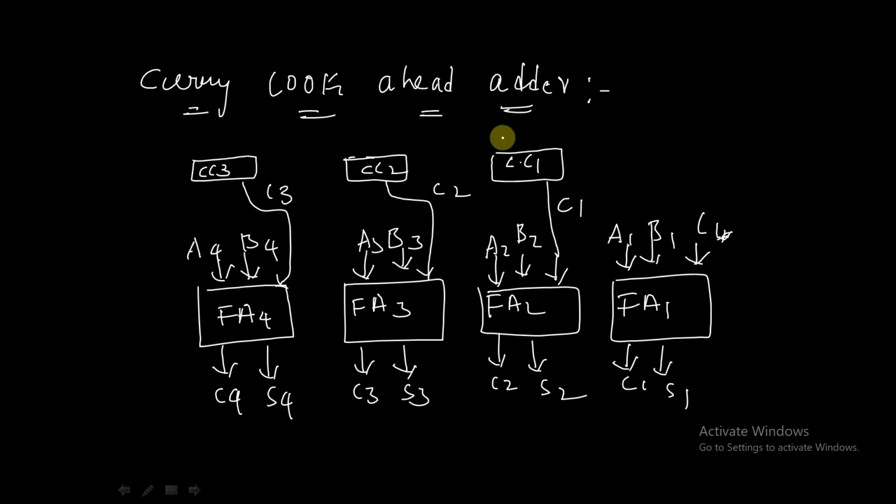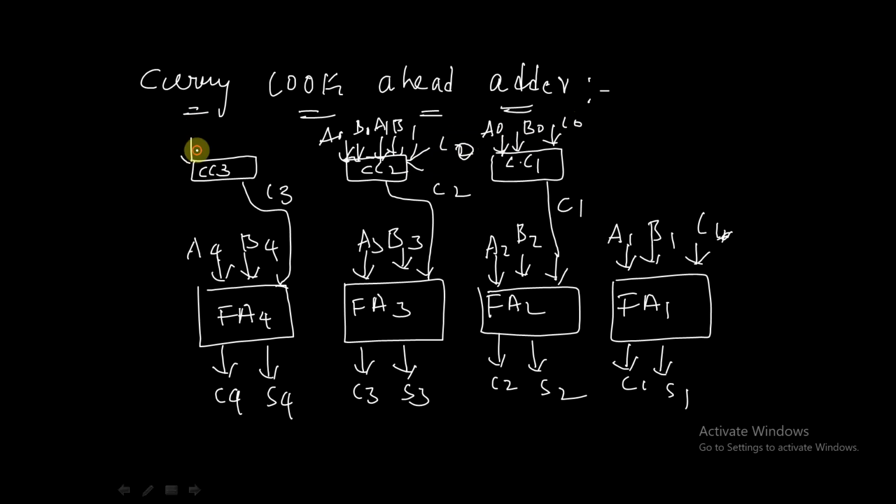For these combinational circuits, my inputs are here. For the first combinational circuit, my inputs are A0, B0, and C0. For my second combinational circuit, my inputs are A0, B0, A1, B1, and C0, not C2.